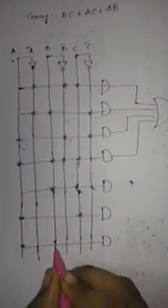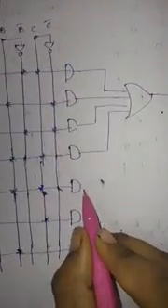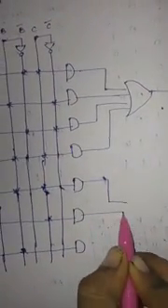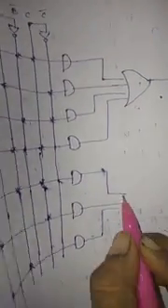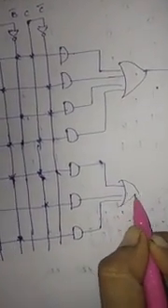Now we take the carry terms: B C, A C and A B. Again these 3 outputs are connected to a fixed OR gate. Here we get sum and here we get carry.